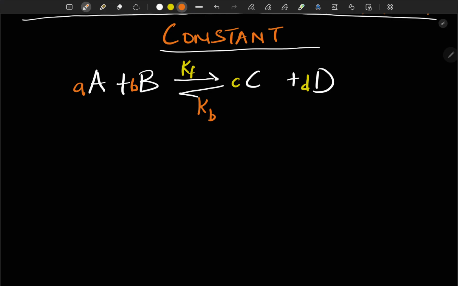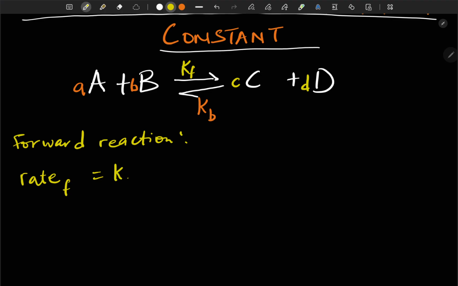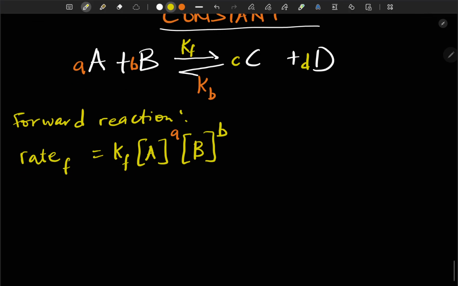So we can say that for the forward reaction, the rate of forward reaction is equal to the rate constant Kf, multiplied by the concentration of reactant A raised to the power of coefficient a, and then the concentration of reactant B raised to the power of coefficient b, according to the law of mass action.